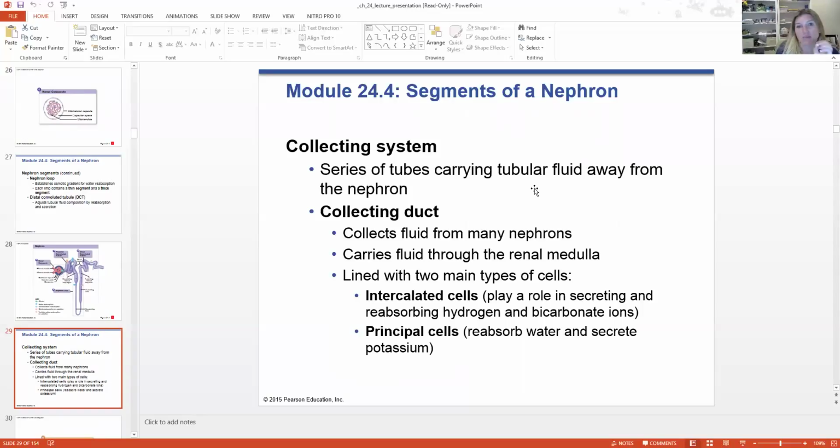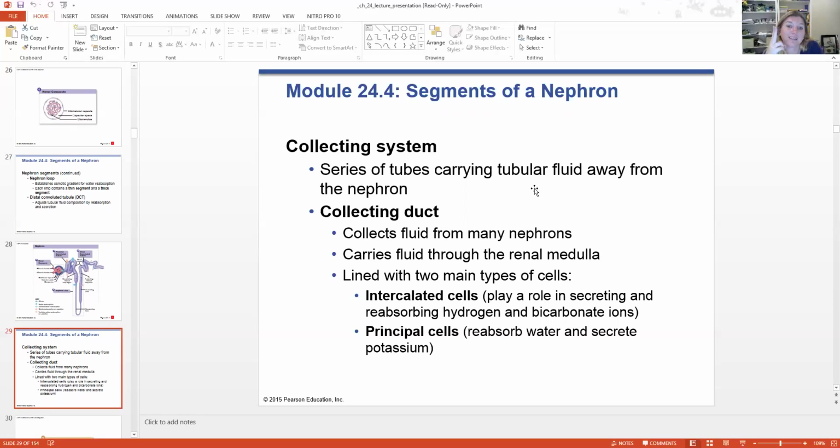The collecting system is a series of tubes that's basically taking this filtrate away from the nephron, eventually into the minor and major calyx, through the renal pelvis, down the ureter, into the urinary bladder. So this is collecting the fluid from many nephrons. As I showed you on that first slide, there are all of these little chutes coming off of the collecting system. Those are for all of the different nephrons. It carries that fluid through the renal medulla, into our minor calyx.